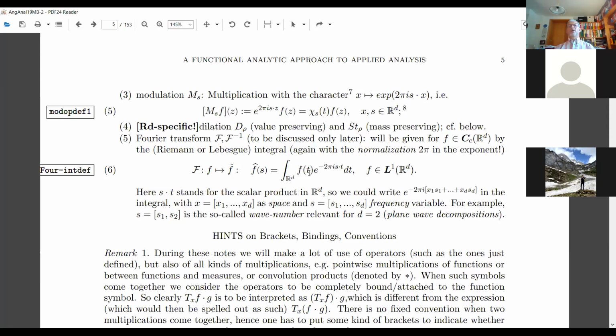Okay, but then you say, well, take s equals 0, an exponential function with exponent 0 is just 1. F is constant 1. So you're integrating plus 1, and then you say, oh, yeah, it's plus infinity. Okay, now I understand why the Fourier transform of constant 1 is the Dirac delta. It's the function which is 0 everywhere except at the origin, but at the origin has the value plus infinity.